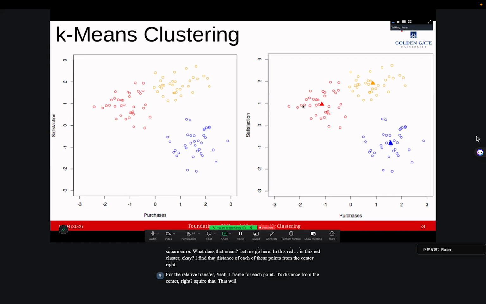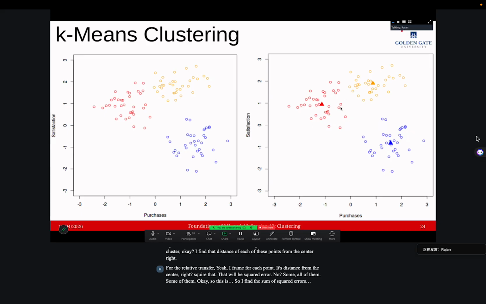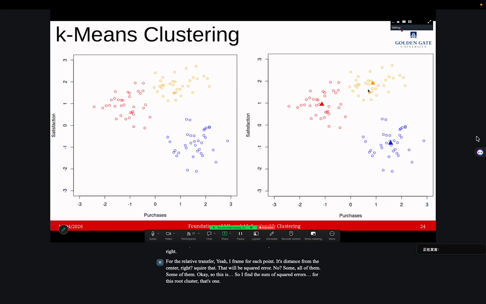That will be the squared error. Now sum all of them. So I find the sum of squared errors for this red cluster. That's one. Repeat the process for the yellow cluster, two. Repeat the process for the blue cluster.